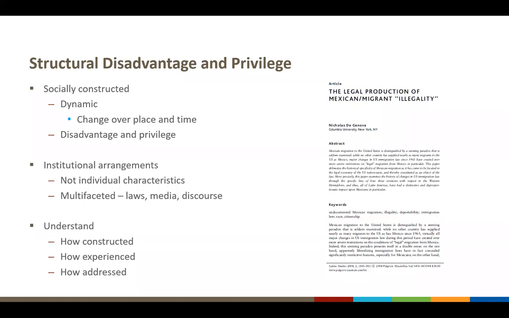As the article to the side here talks about, over that time, legislation has occurred that increases the consequences of being undocumented or illegal. And so the lived experience of that status is different than it used to be, right?